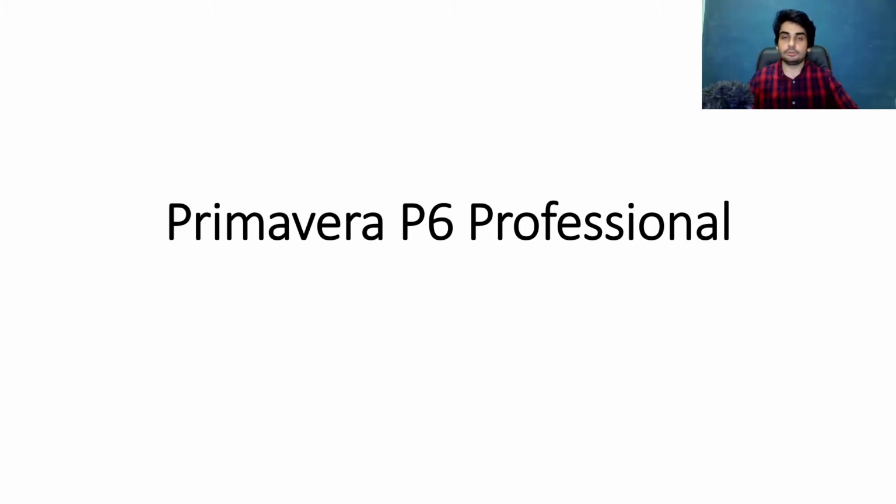Sometimes your team has to help you. That's a different version, although they're almost similar in use, and if you understand this one, you can easily understand that one as well. The desktop version is the one that we're going to be discussing in this series of lectures. So Primavera P6 Professional, let's discuss its history.